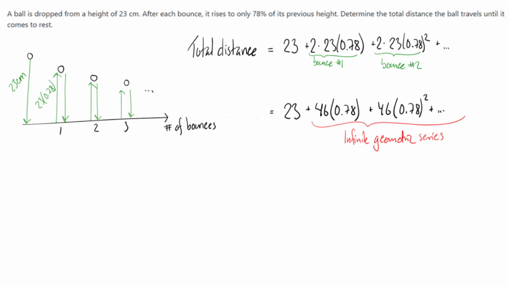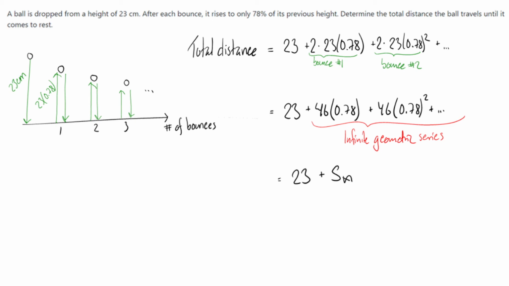So what we want to determine is the total distance, which would be expressed as 23 plus, that's the initial drop, plus the sum of that infinite geometric series.